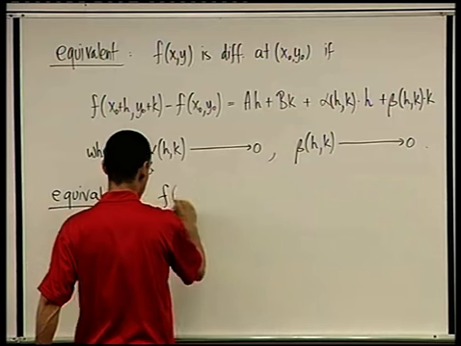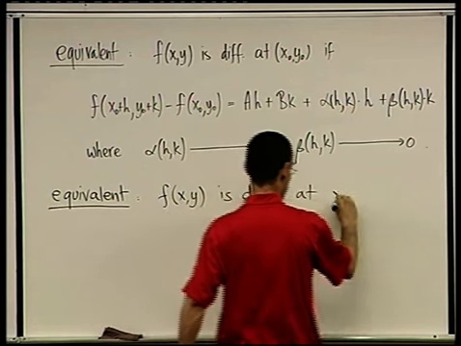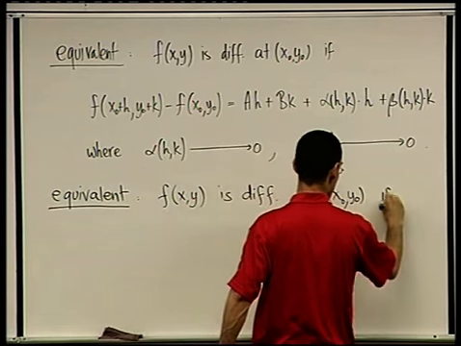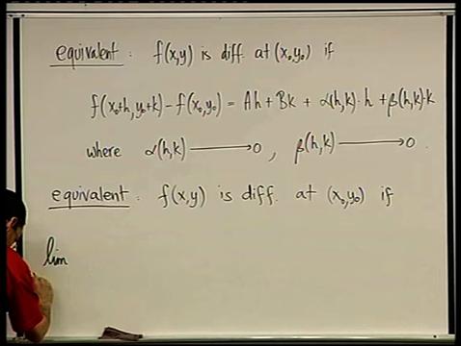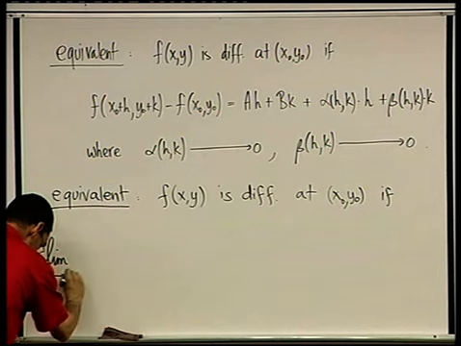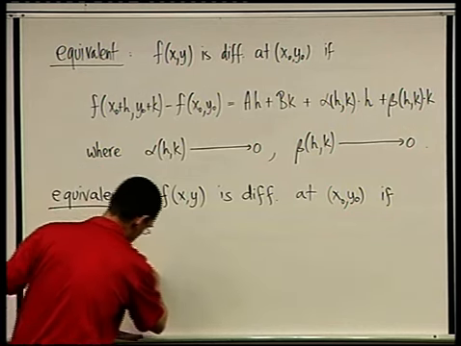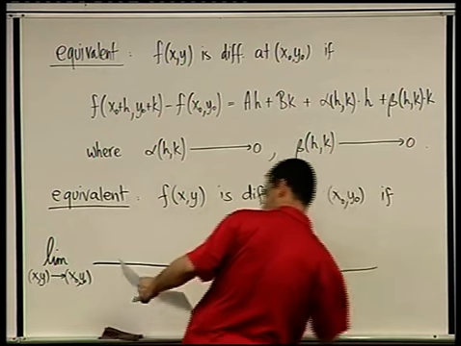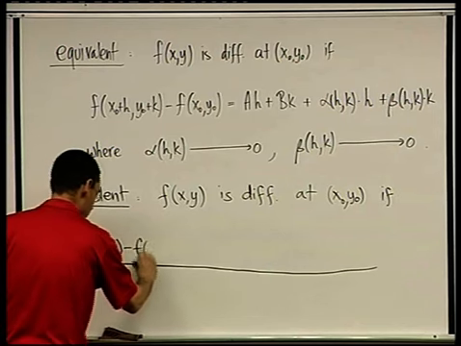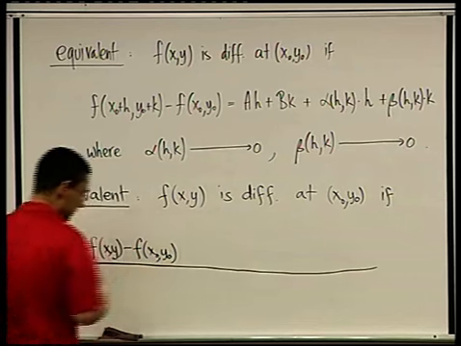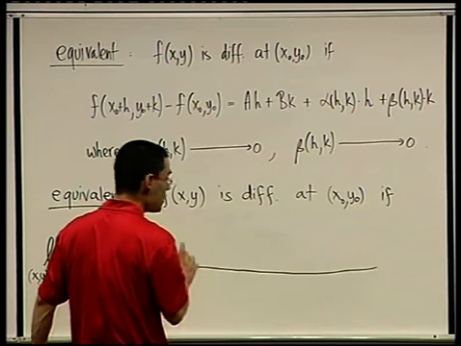So f is differentiable at the point if, and now there's going to be a big scary limit here, the limit as x, y tends to x0, y0 of, there's going to be a big fraction here, of f of x, y minus f of x0, y0 minus, now I'm going to cheat a bit.